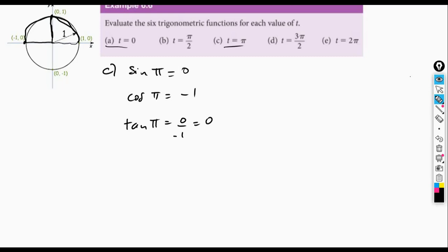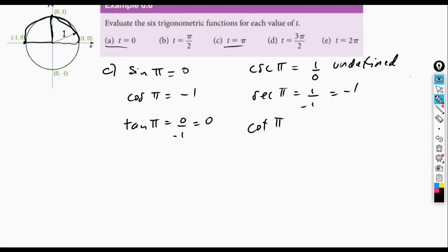For the reciprocals, cosecant of pi is equal to 1 over 0, therefore undefined. Secant of pi is 1 over -1, so -1. And cotangent of pi is 1 over 0, which is undefined.